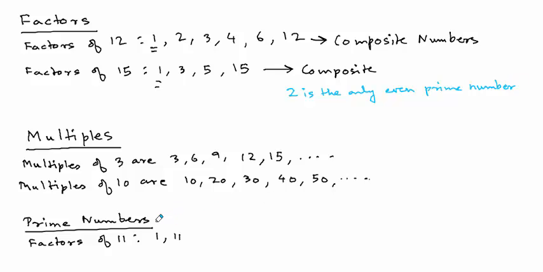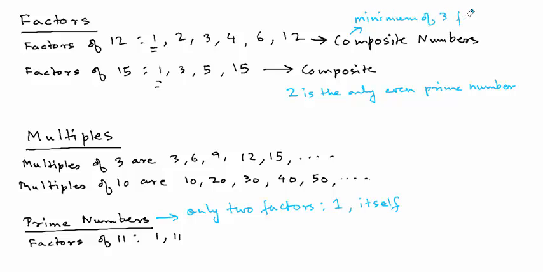And the reason is, I had said that prime numbers have got only two factors, and they have to be 1 and the number itself. Composite numbers have a minimum of 3 factors.